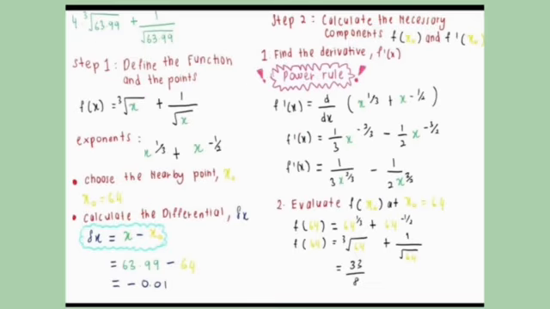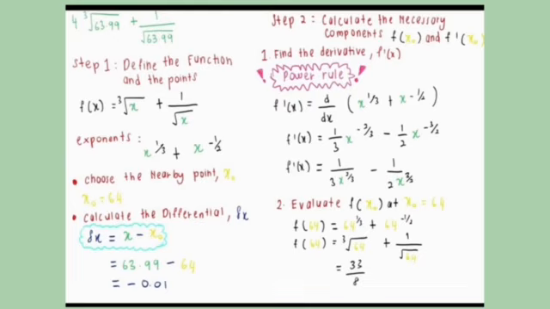How to solve this question? First, we need to define the function and the points. Cube root x plus 1 over square root x, we need to change to x^(1/3) plus x^(-1/2). Second, we need to choose the nearby point, which is x0.